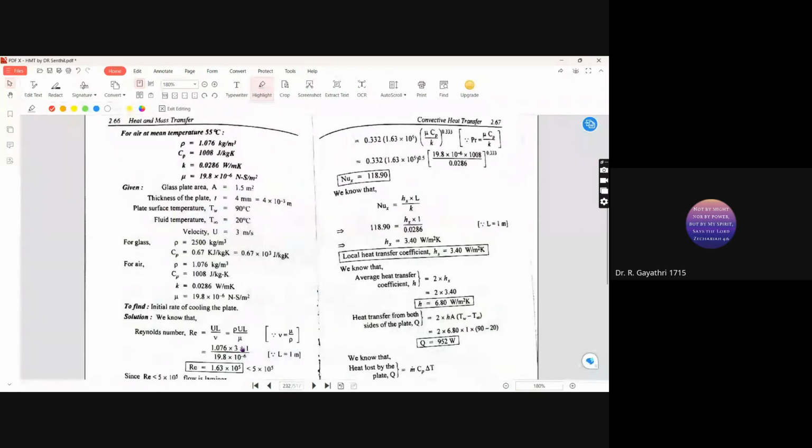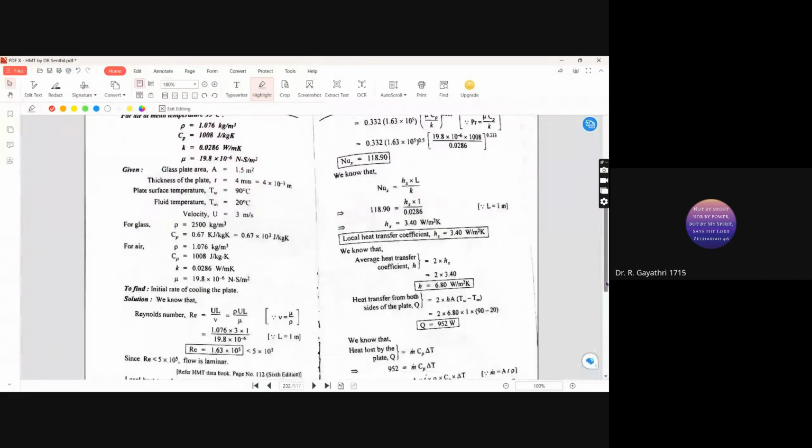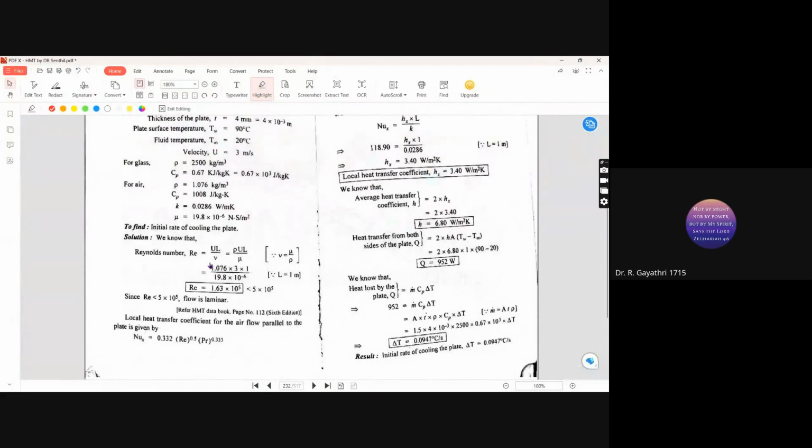Here u value is 3. Air density is 1.076. L is the length of the plate. We can see the area of the plate and thickness of the plate, but length is not given, so we can assume it as 1 meter. Okay, our Reynolds number value is less than 5 into 10 power 5. So it is laminar fluid flow.